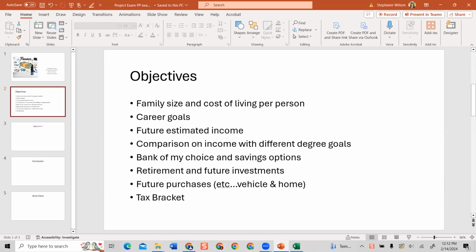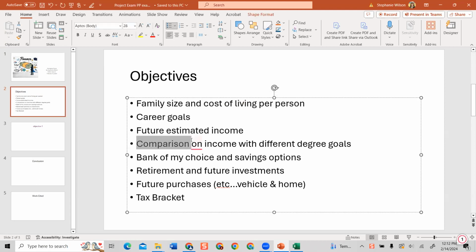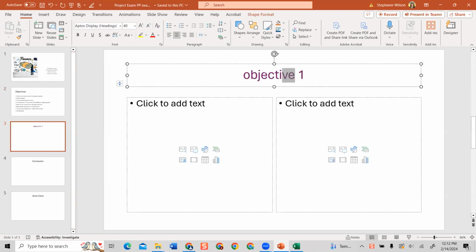Some of these you may put together, so like the career goals and comparison of it, you may have that as one body. So objective one, this would be body one. Of course, you wouldn't call it body one, because you're writing, you'll title this if you're doing it in PowerPoint. So title it whatever, career options.